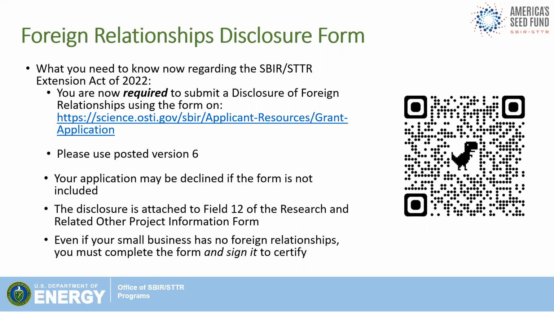Please use that version. And it is a requirement, so do not forget it. You attach it to field 12 of the research and related other project information form. Even if your small business has no foreign relationships, please be aware that you must complete the form and sign it to certify that.